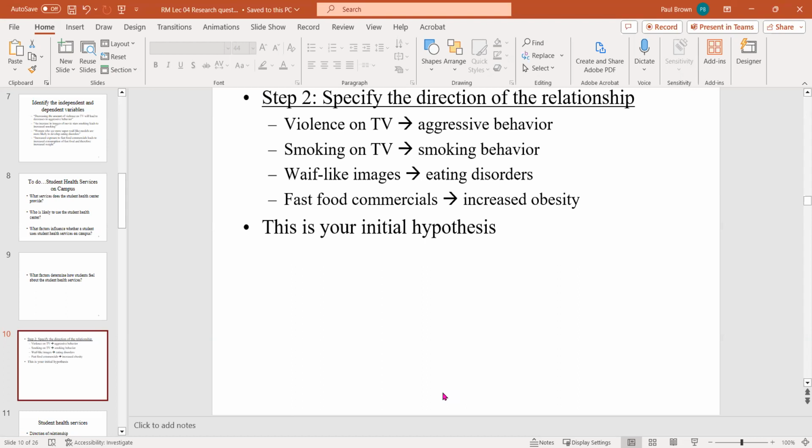And the provider is 2 hours away. It gets kind of tricky because you could think, I could hate the student health service, but it's the only one I have. So there are two different things going on. One is willingness to use it, and the other is how much you like it and how you perceive it.